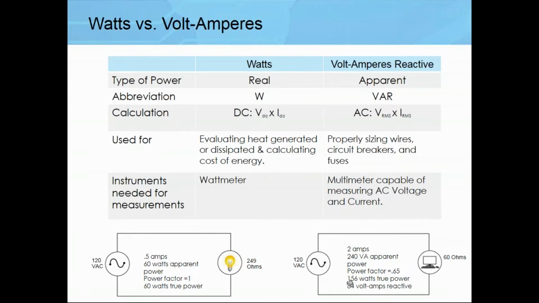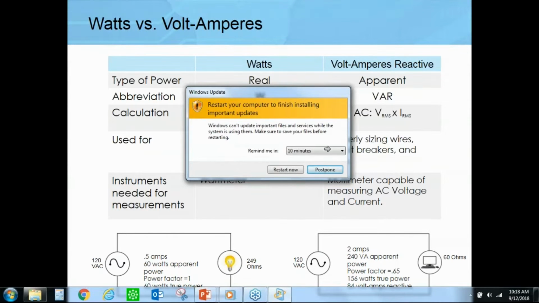So again, the total power consumption for a PC may be rated at 240 VA, but the real energy that's being used to heat up the components or do some work may be only 156 watts. This gives you a power factor of 0.65. So this is not a purely resistive product. It's more of a resistive and capacitive product.